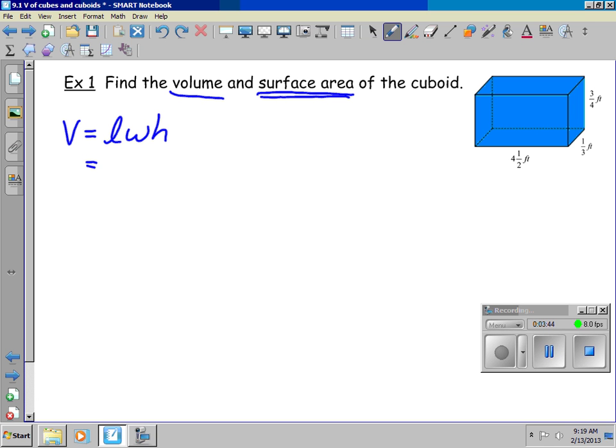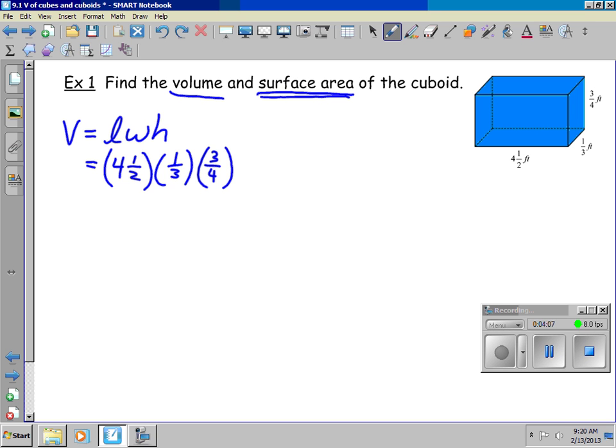In this particular example, it's a straightforward one. We have the length, width, and height, so we need to substitute them in. The length of my cuboid is 4.5 feet. The width is 1/3 of a foot, and the height is 3/4 of a foot. It's a good opportunity to keep practicing fractions.